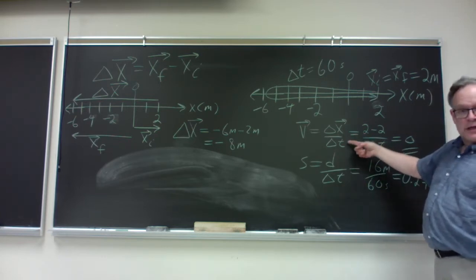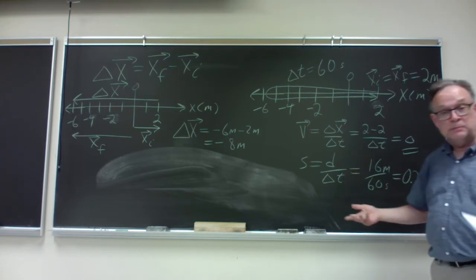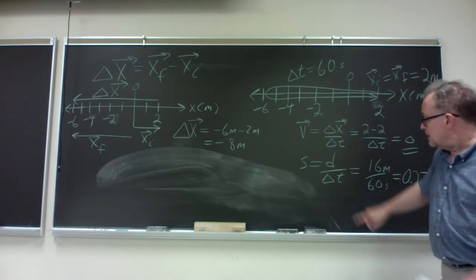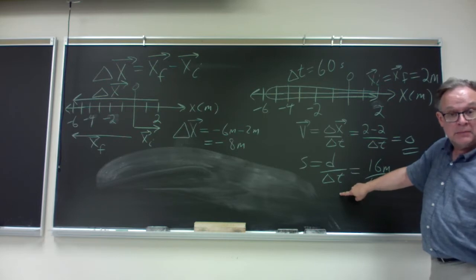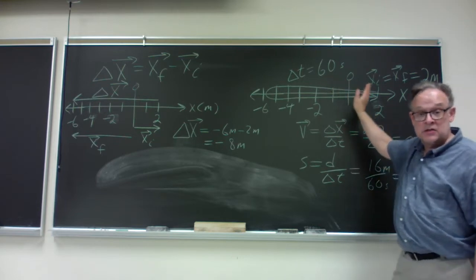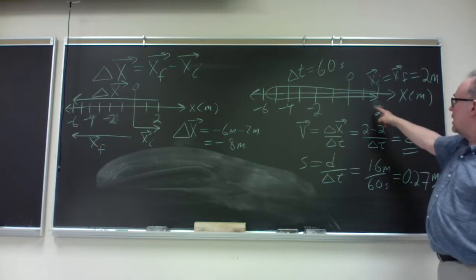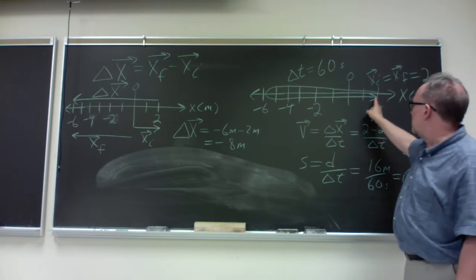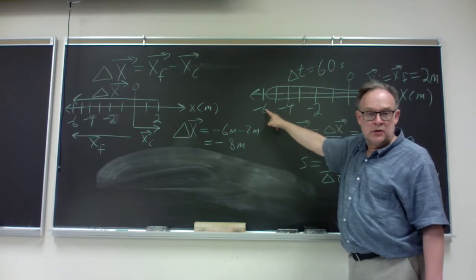The average velocity comes out to 0, but the speed does not come out to 0, because speed means something different. Speed we define as just the total distance traveled divided by the amount of time it took to travel that distance. And we're saying it took 60 seconds for the bug to make this round trip. So the total distance traveled is from 2 to -6, that's a distance of 8 meters.